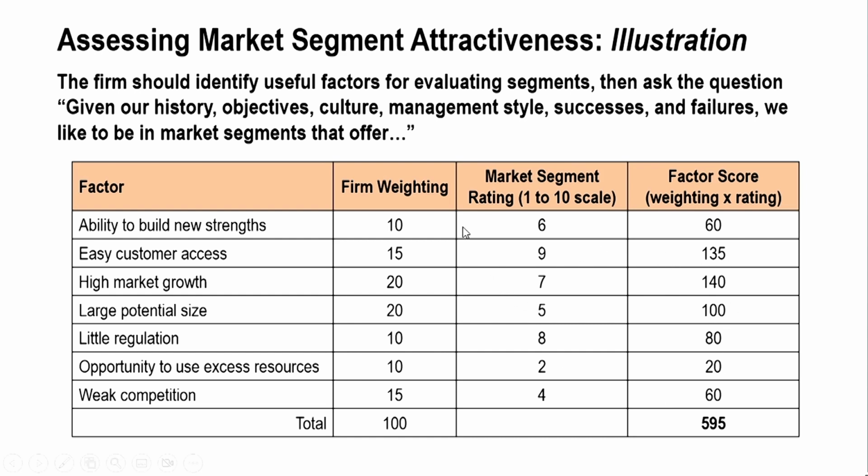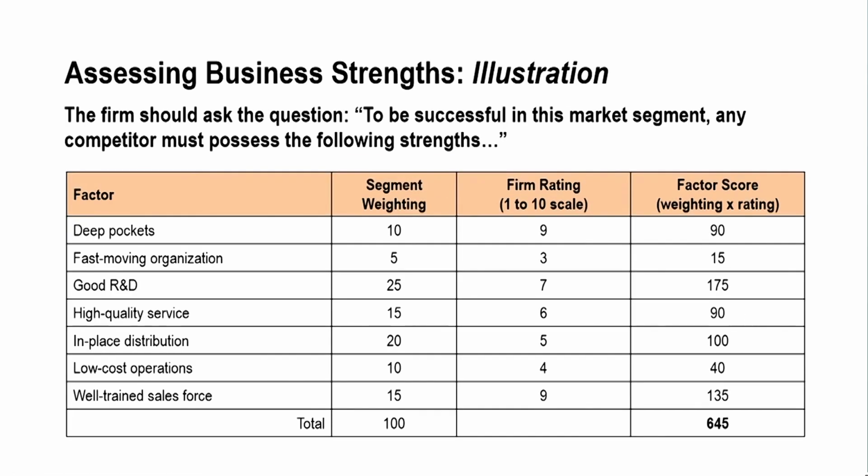So, this is how we combine the firm's priority or weight allocation with the market segment rating, and based on that we come up with a composite score for segmentation-based targeting decisions.